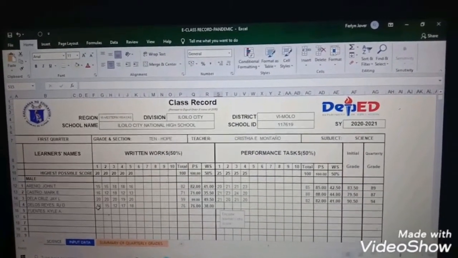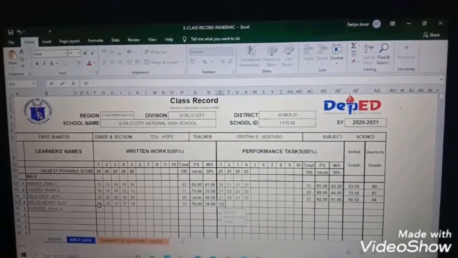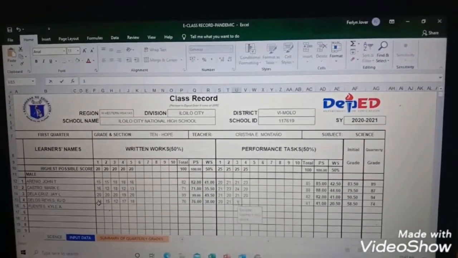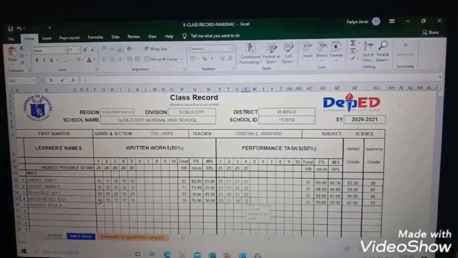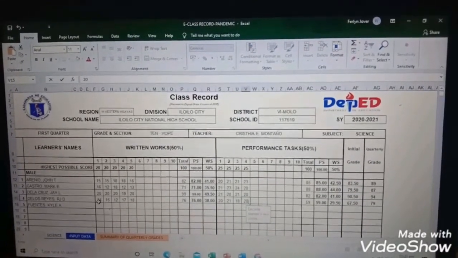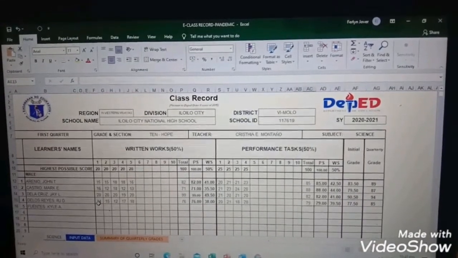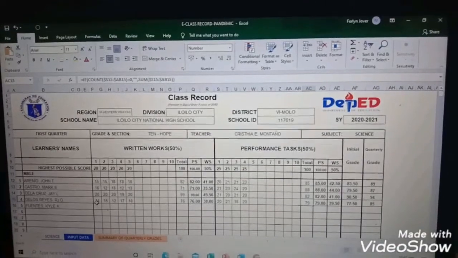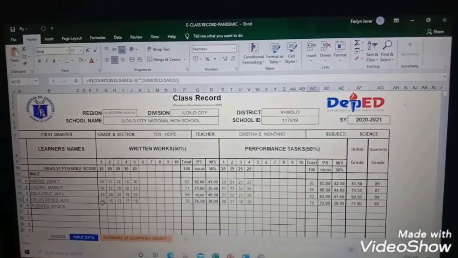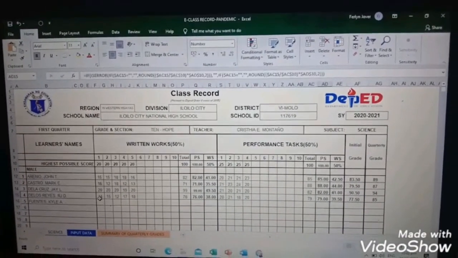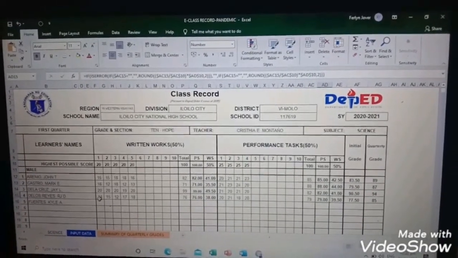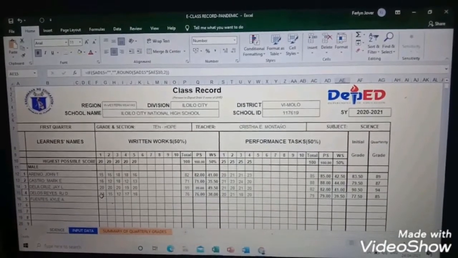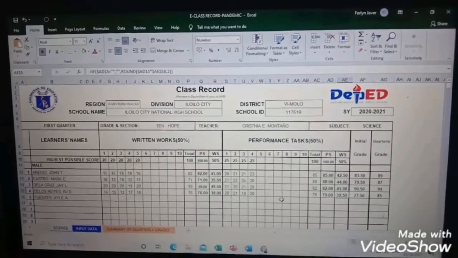In his performance task, he got 20, second 21, third 18, fourth 20, with a total of 79 out of 100. 79 divided by 100 equals 0.79, multiplied by 100 equals 79.00, and multiplied by 0.50 equals 39.50.